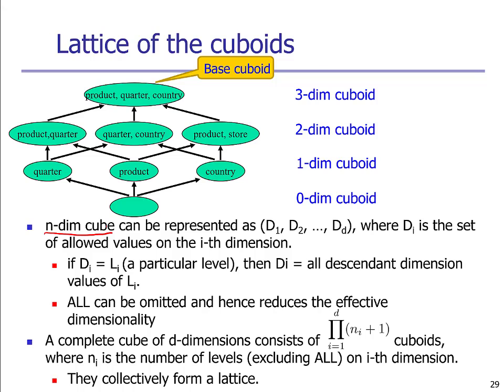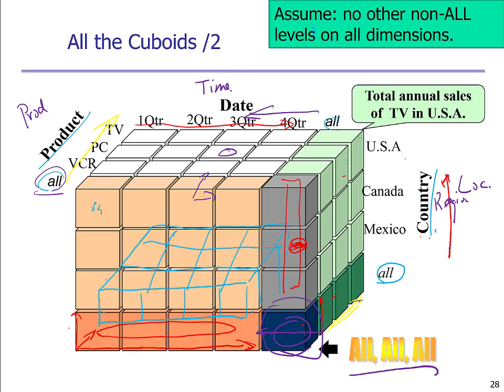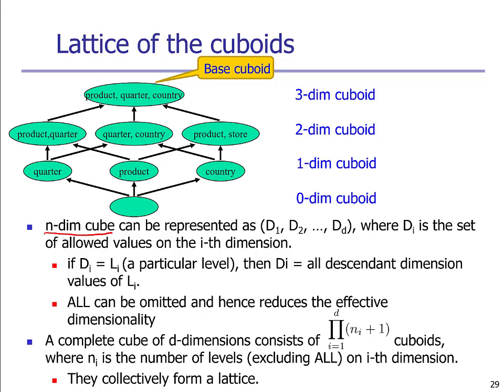Then the base cuboid, which is also the n-dimensional cuboid, is the lowest. Well, in this figure it looks like the highest, but if you see the direction of the arrow, it is actually the lowest level of this lattice structure. Anyway, we call it the base cuboid. It is just like the white cuboid here, right?